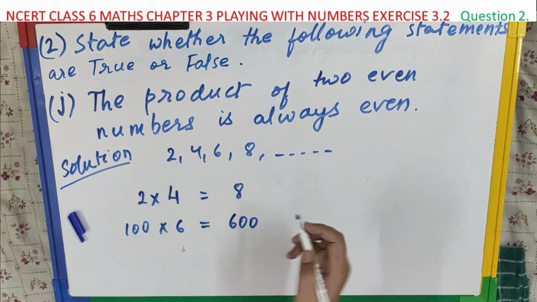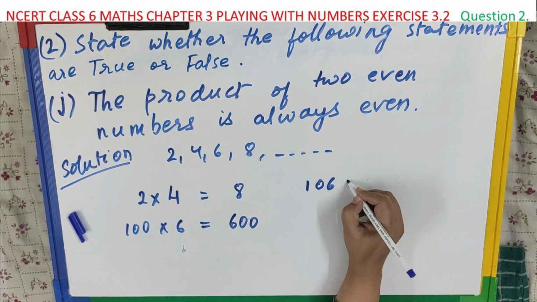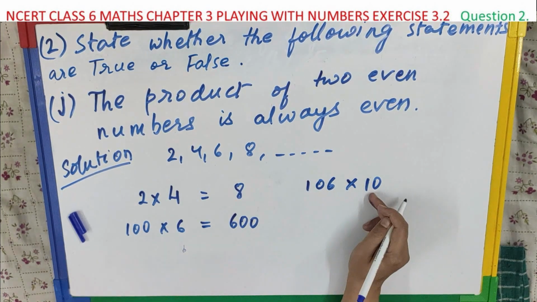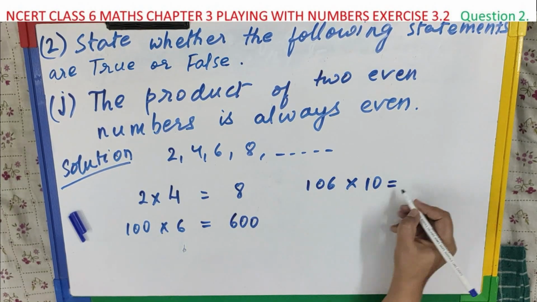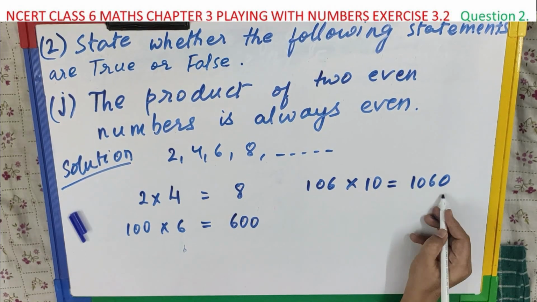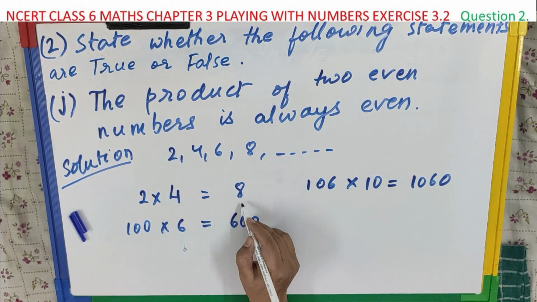Okay, now 106 is an even number, and 10 is also an even number. Let us try to find the product of these two even numbers. What will be the product of these two numbers? The product will be this. So this is also an even number. It means we have seen that the product of two even numbers is also an even number.